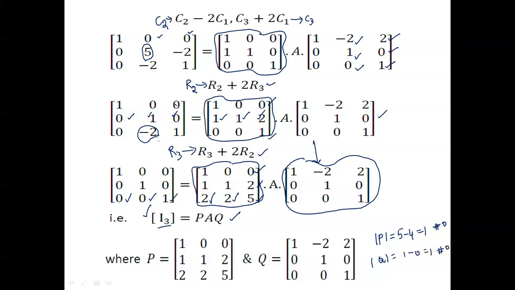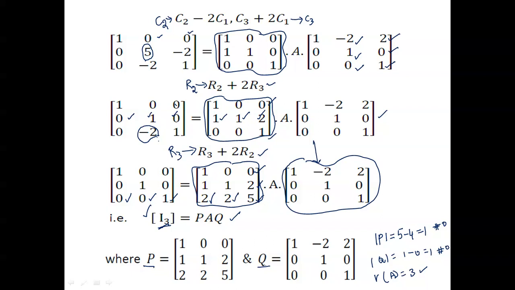So we observe that P and Q are non-singular matrices. Also, rank of A equal to 3, because the order of the identity matrix in normal form is 3. So this is the way to find two non-singular matrices P and Q such that PAQ is normal form.